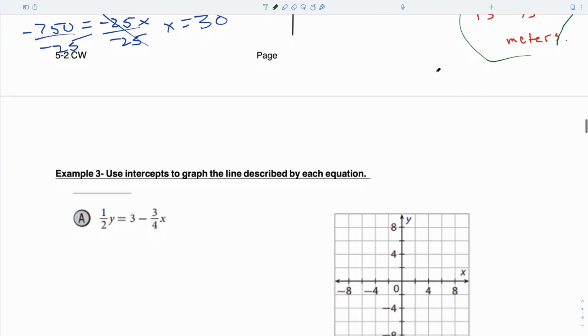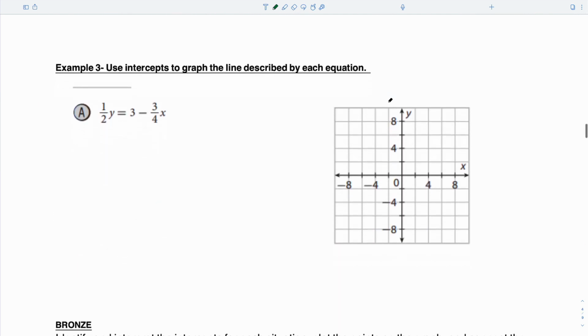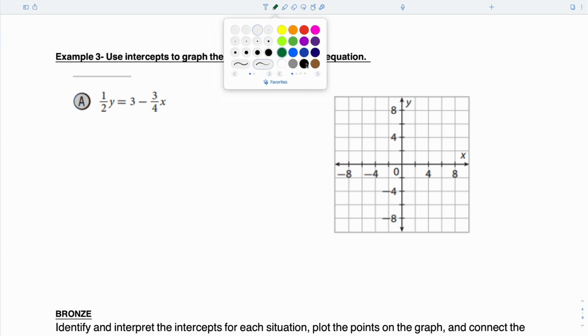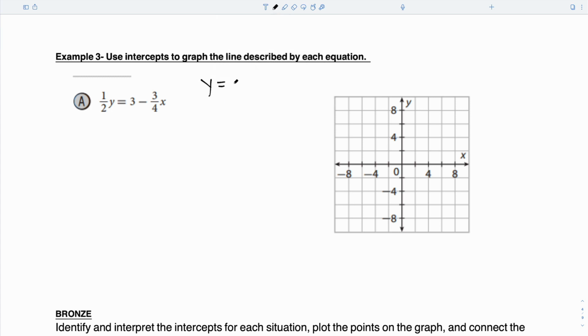Why do you want to do something in math? Example 3. Okay, you actually have a graph. This time, you're using intercepts to graph the line described by each equation. You have a lot of different ways to create 2 points to get a line and graph it. Slope-intercept form was what you used all of 8th grade or your 7th grade year, but we're going to learn a few different ways.